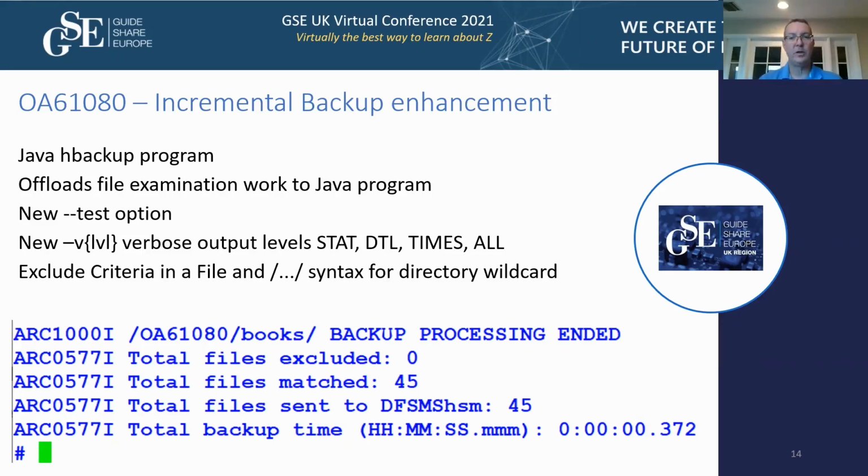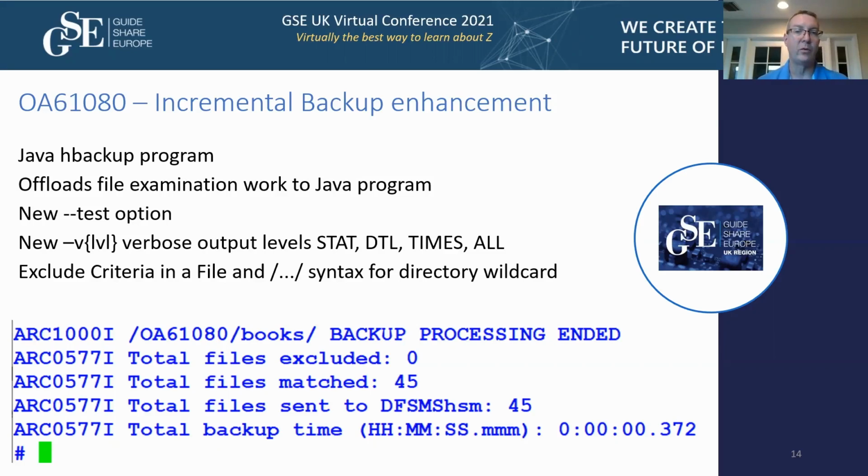So if you issue the Unix HBACKUP program or HSEND BACKDS of a directory, all of the examination of the directories and subdirectories is done within the HSM host, so in the ARC control address space.